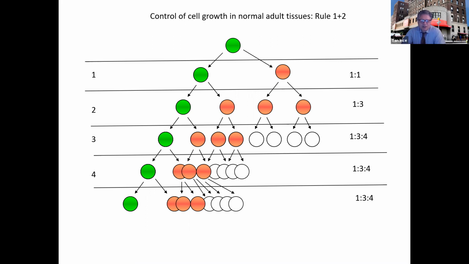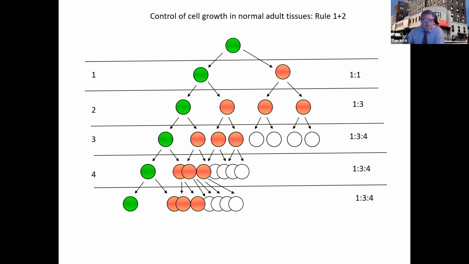In the third division, the ratio of green, red to white is 1, 3, and 4. But then you reach a plateau, and no matter how many cycles you go through, the ratio will stay the same. So these simple rules actually allow a multicellular organism to stay the same size.